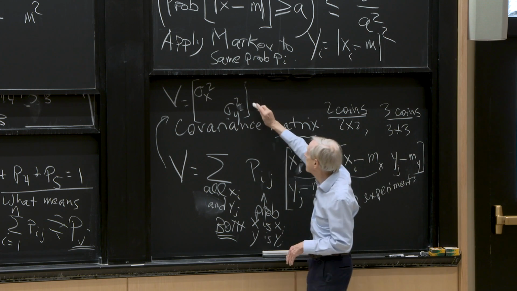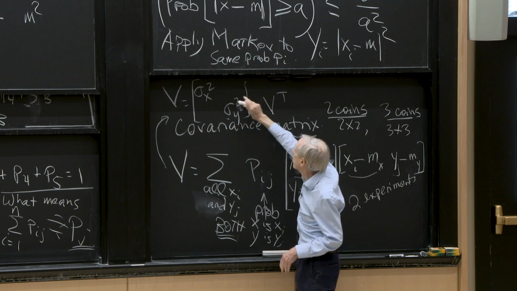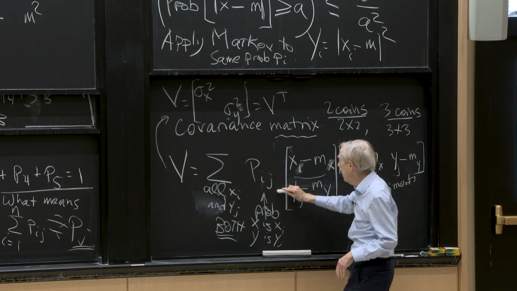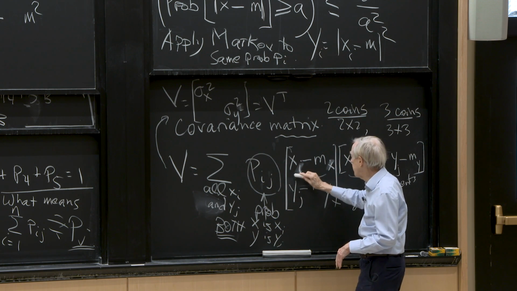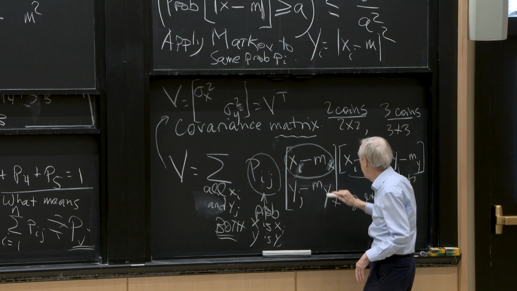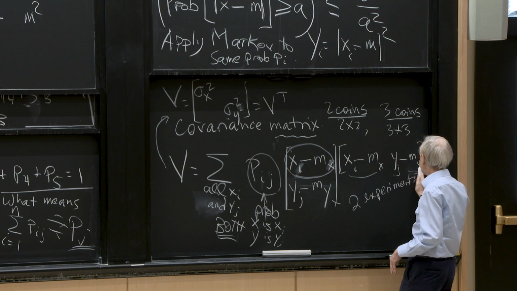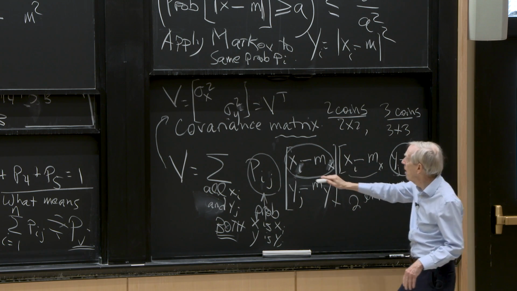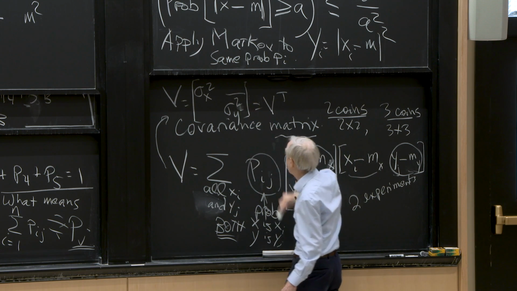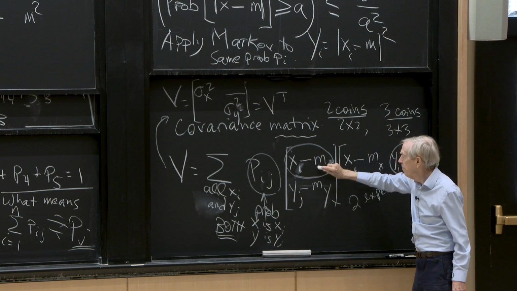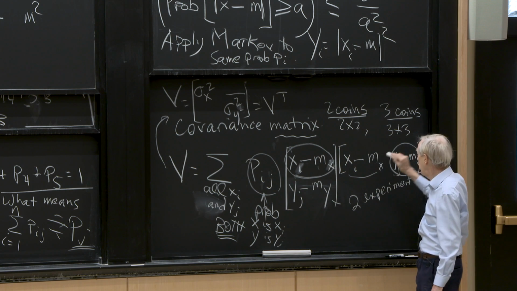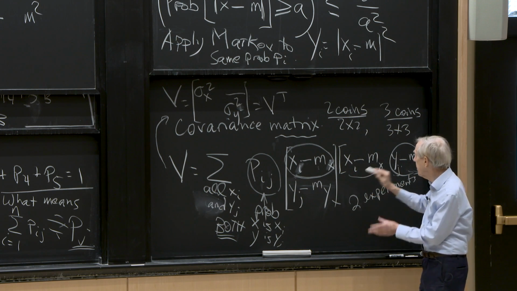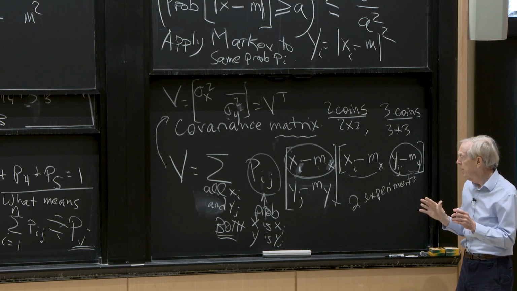So this is V transpose. We have to see here. So I have p_ij times the distance of this guy times this guy. That's what's going to show up in the 1, 2 position. It'll be in row 1, it'll be in column 2. It's the X, it's the distances.